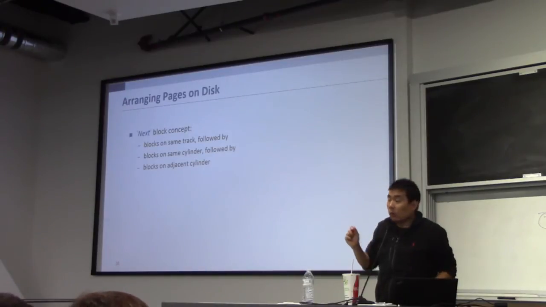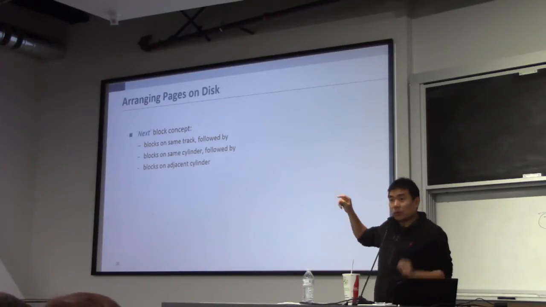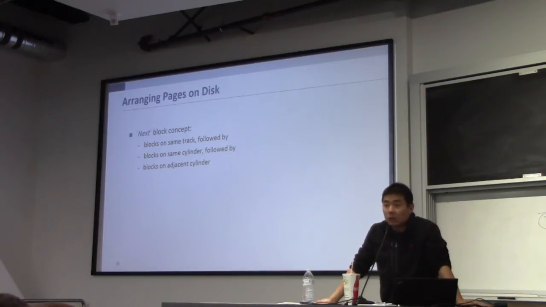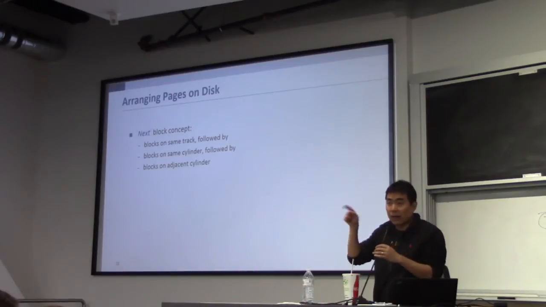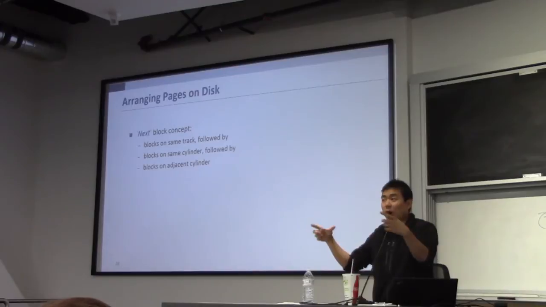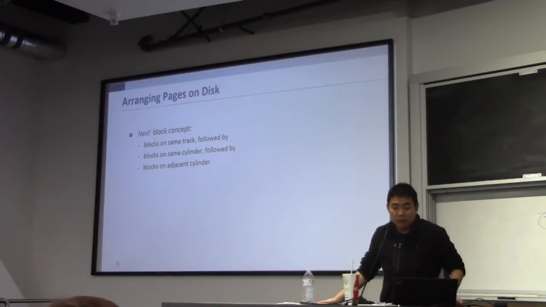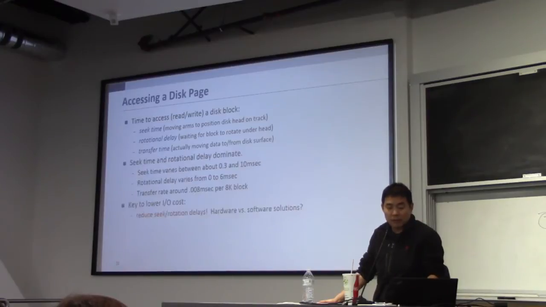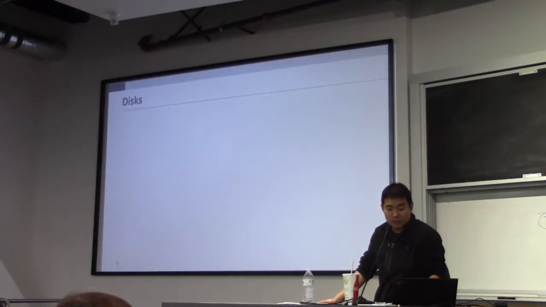For that reason, we refer to the concept of next block. So next block on disk refers to blocks on the same track, meaning first block, second block, all on the same track. When you run out of blocks on one track, it is followed by blocks on the same cylinder. What do I mean by cylinder, by the way?